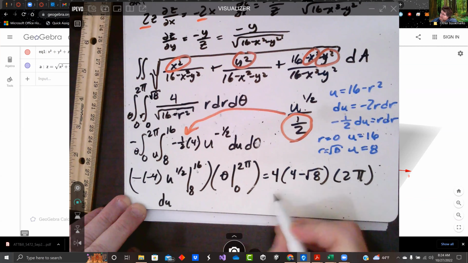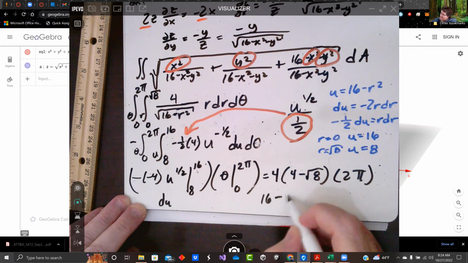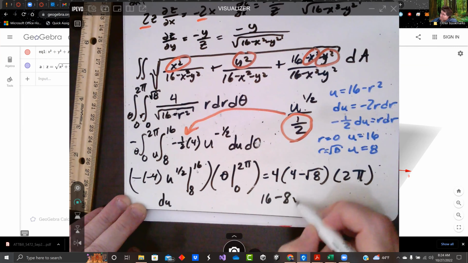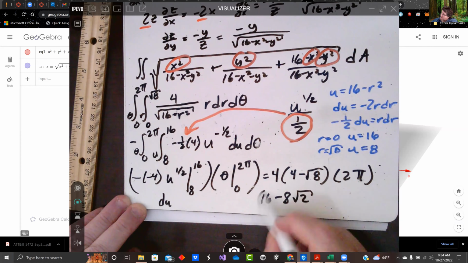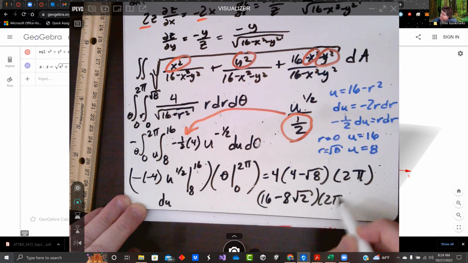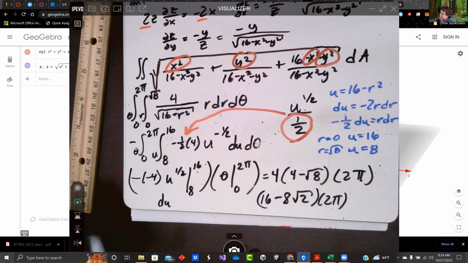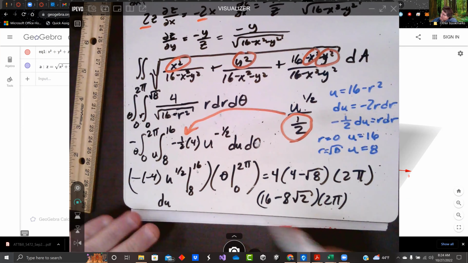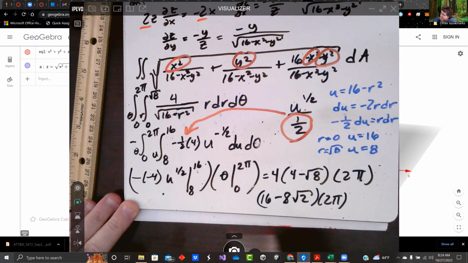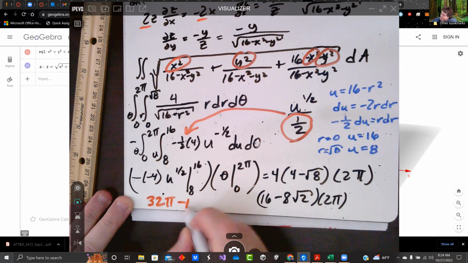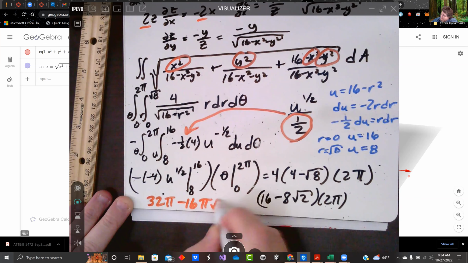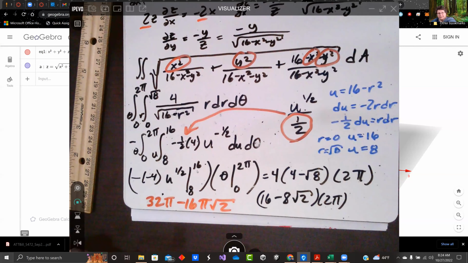This is 16 minus 8 root 2, times 2 pi. Or 32 pi minus 16 pi root 2. That seems kind of ugly.